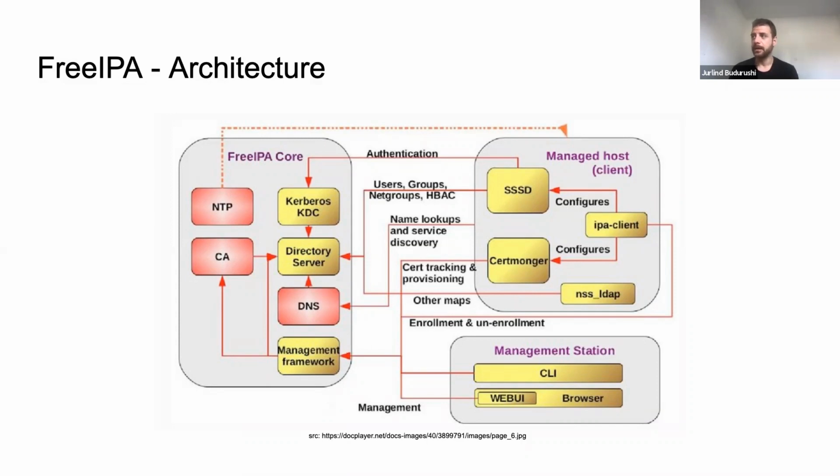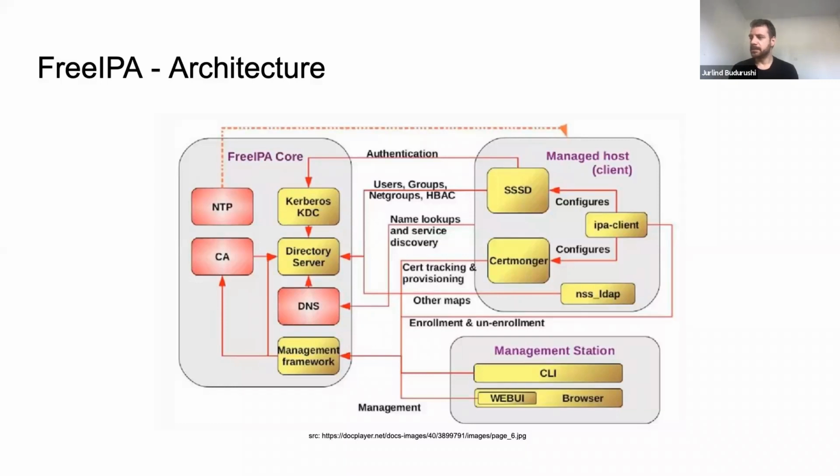So not only SSSD can be used for that, you can use, for example, NSS LDAP, and there is even one more. Nevertheless, the most commonly used, or the most important one, is SSSD. But this should just give you the information that you also have different possibilities for authenticating against the directory servers.